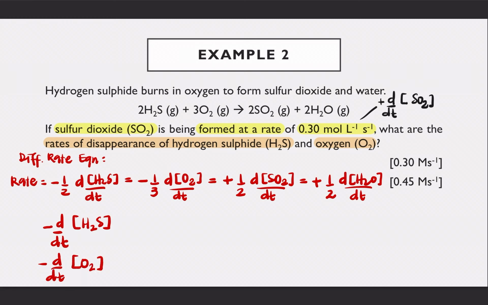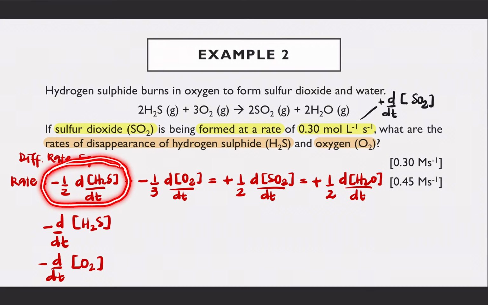Okay, so first write down your differential rate equation, alright, and then identify the information given. So you are given the rate of formation of SO2. Okay, and then look at your differential rate equation. Mana information yang you already have? Which informations you already have? So you want to find this one first, right?